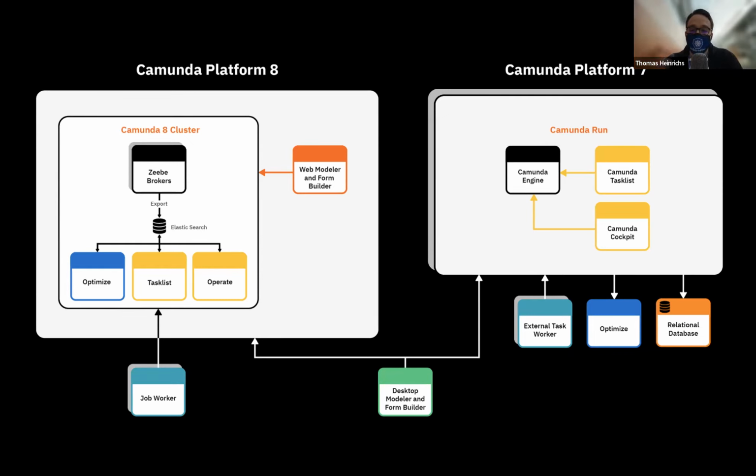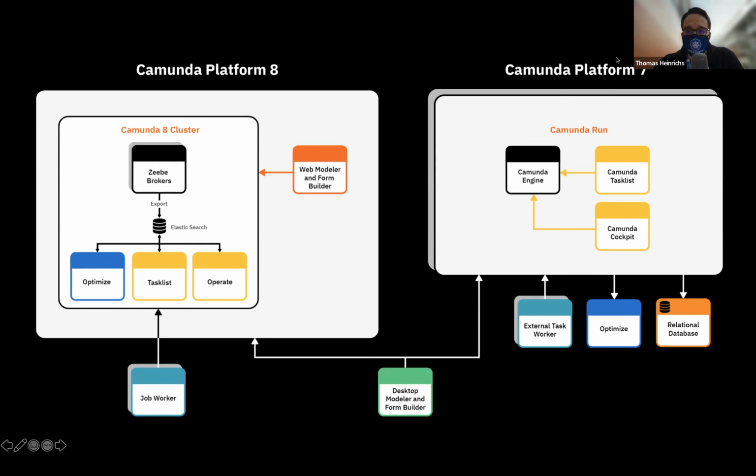Especially when you have high transaction volumes, the database will be limited at a certain point in time, or then you need to apply some application level sharding, and so on and so forth, to keep Camunda Platform up and running and performant. We try to tackle that problem in Camunda 8 by not having a relational database and not having transactions, which is quite nice to have. And now we have some linear scalability by doing so, right?